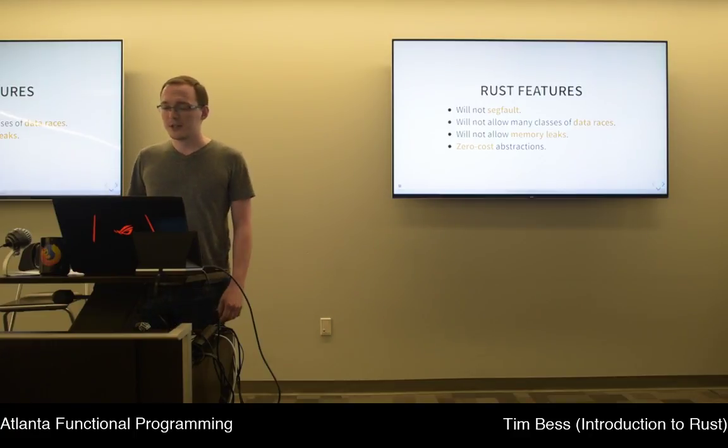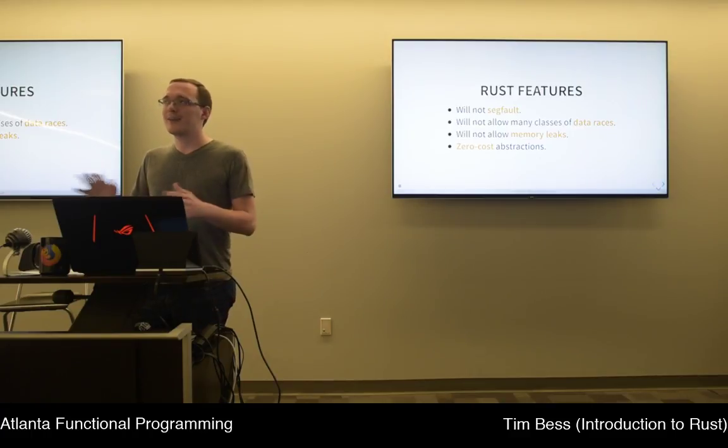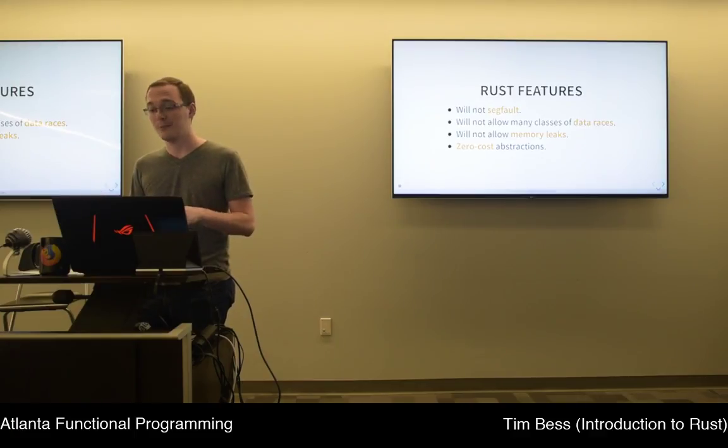And then the last feature it gives you is zero cost abstractions, which people say a lot and they don't really explain what they mean by that. It's basically that high level things like iterators and futures can be torn down, because the compiler is strict and can inspect lots of things about your code at compile time.